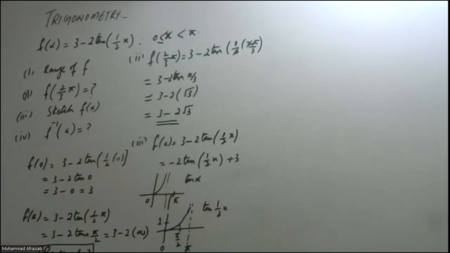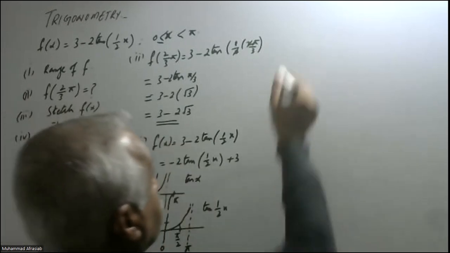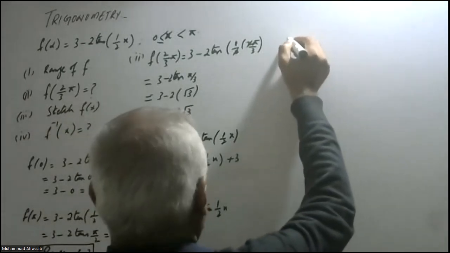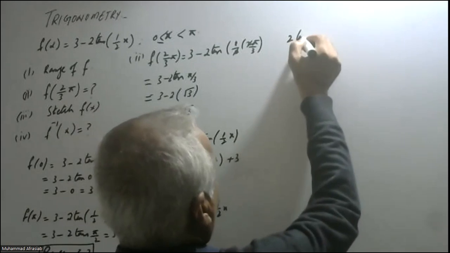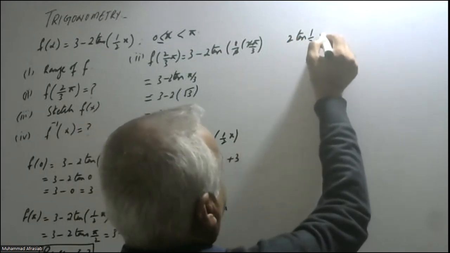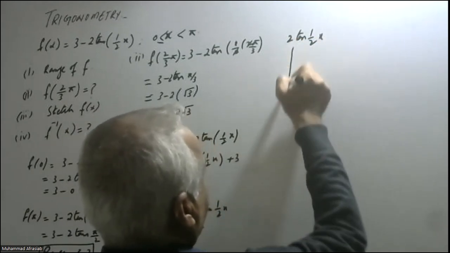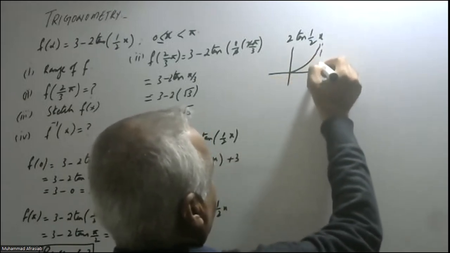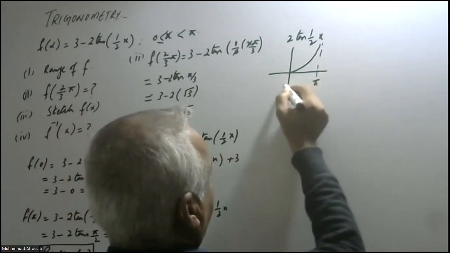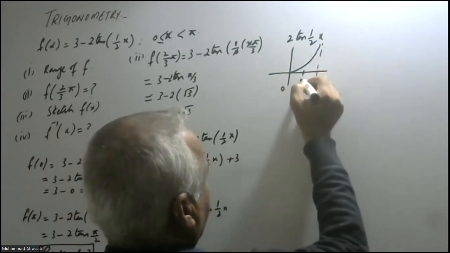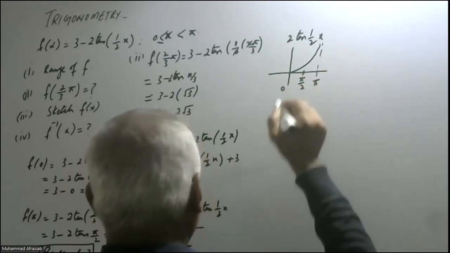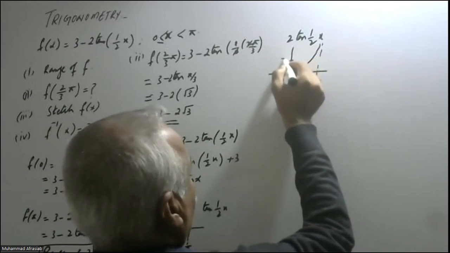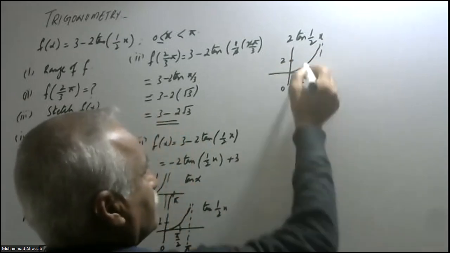Then for minus 2 tangent of half x, the graph would be like this. Up till pi, it is 0. This is pi by 2, and this value is equal to 2.